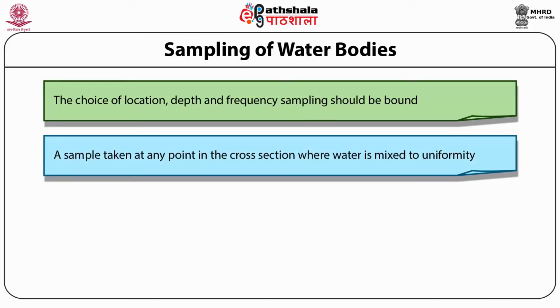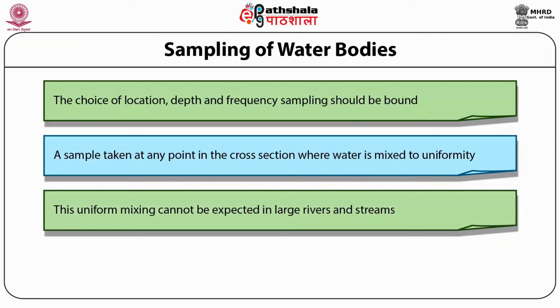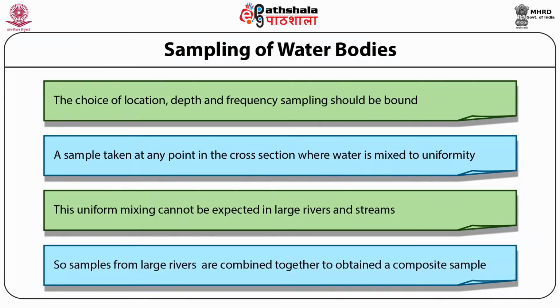A sample taken at any point in the cross section is satisfactory in the case of a stream where water is mixed to uniformity. This uniform mixing cannot be expected in large rivers and streams, and three or more samples are taken at the midpoint of equal cross-sectional areas of such rivers and streams. These samples are then combined together to obtain a composite sample.